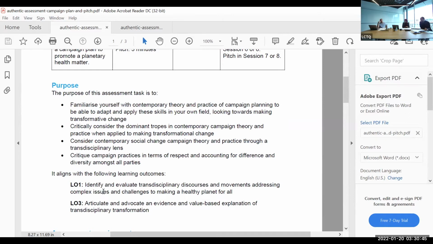So in thinking about epistemic relations, for example, we've got the technical content of the discipline, but then we've also got the technical content of the design of the task itself. And so when you're talking about looking at it and thinking, oh, I don't know anything about this particular field, what I'm trying to tease out here is that it's also interesting to come to this and think, well, okay, but in terms of the putting together of a task, this task is called a campaign plan and pitch, which is something we might be able to do in other fields as well.